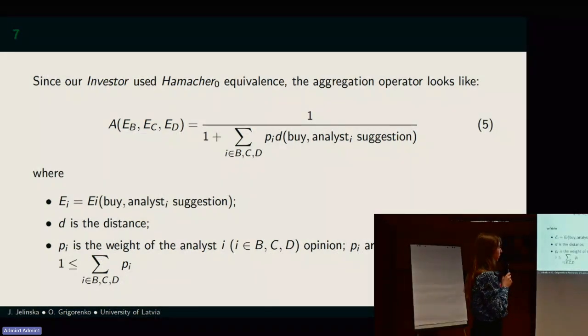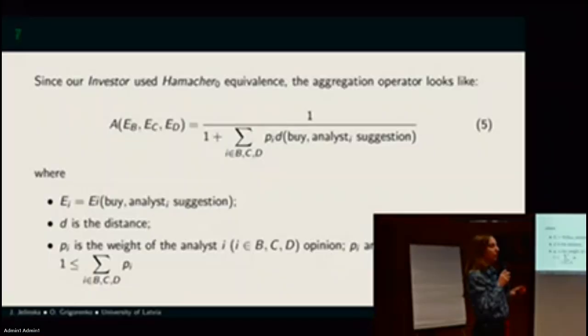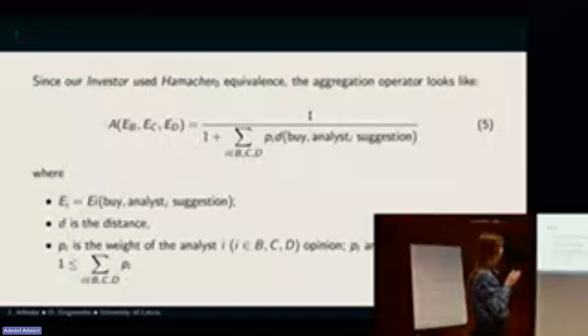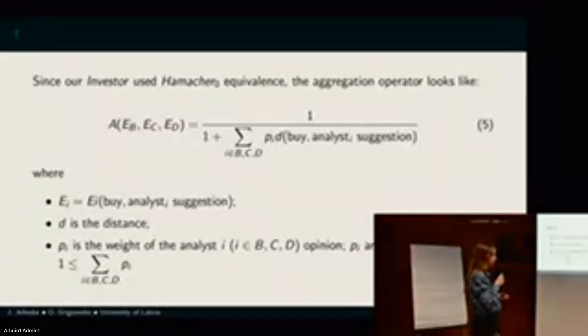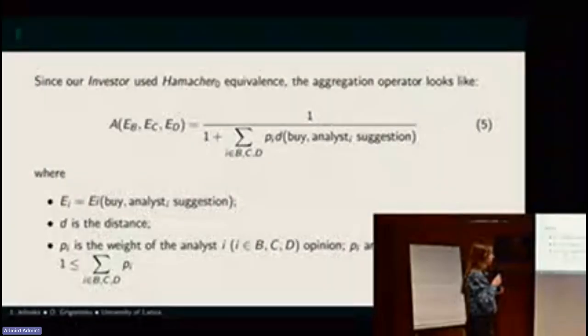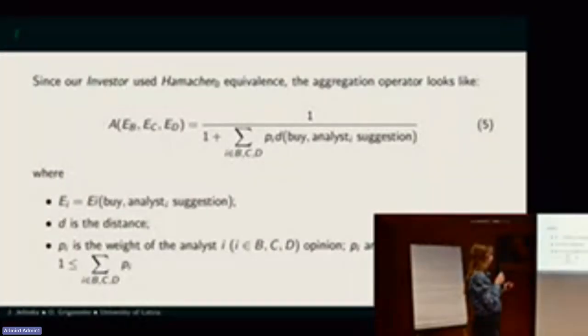So it is 1 divided by 1 plus the weighted sum, with analyst weight times the distance between the buy operation and the suggestion. And that would be the aggregated value.